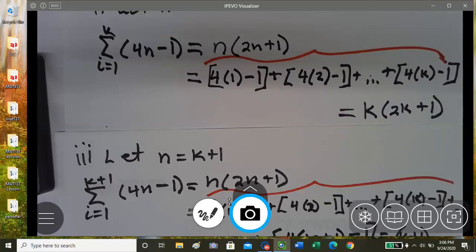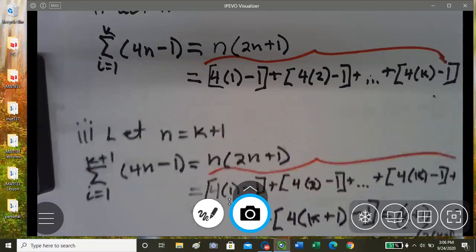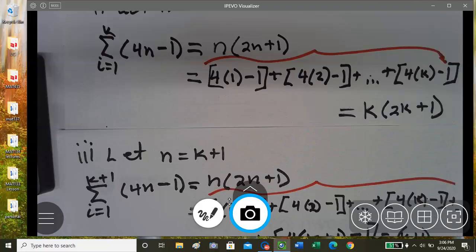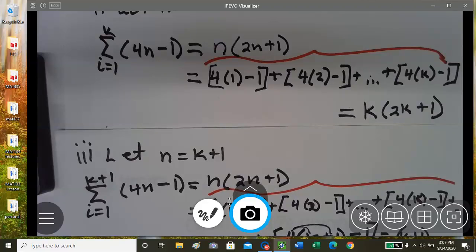Okay, so that means we can take k times 2k plus 1 plus, because that's this, plus that. And so we can go ahead and distribute the 4: 4k plus 4 minus 1.